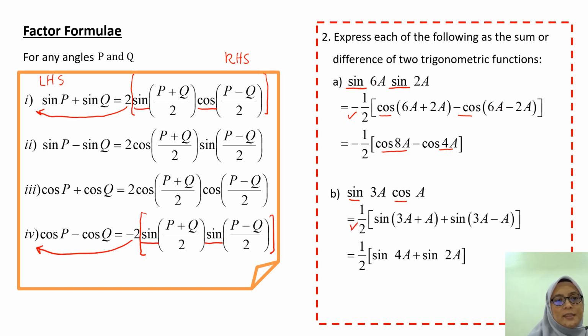Then your answer must be in the form sin plus sin. The angles, one is added and one is subtracted. So 3a plus a, you get 4a. 3a minus a, you get 2a. So you get the formula 1 over 2 (sin 4a plus sin 2a).